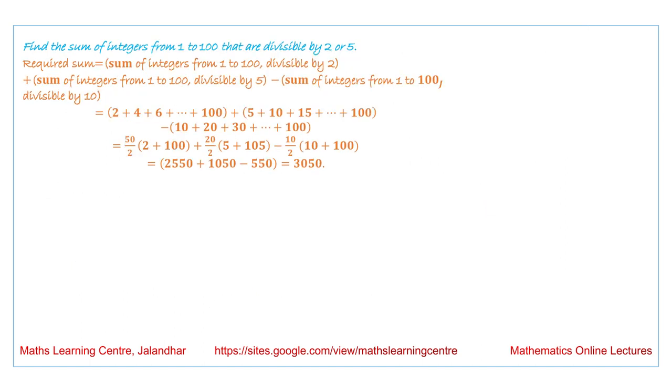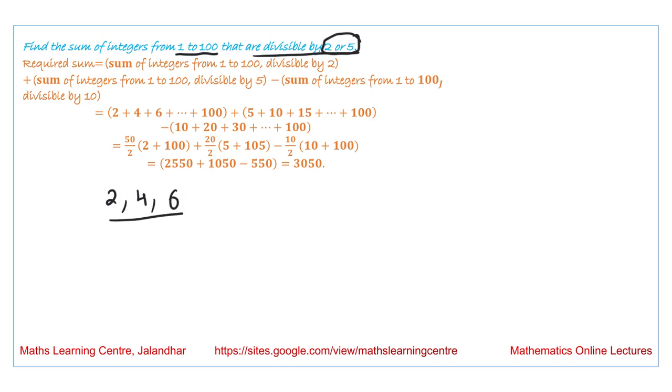Next is: find the sum of integers from 1 to 100 which are divisible by 2 or 5. It is not 2 and 5, it is 2 or 5. So the first number is 2, next it is 4, next 6.